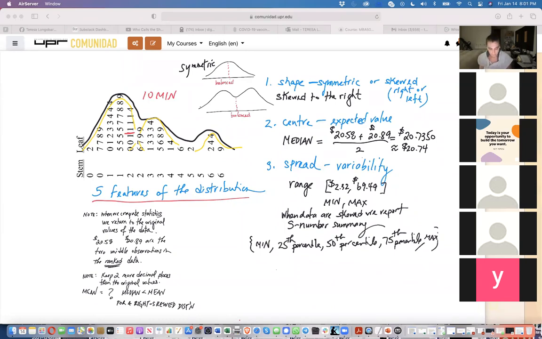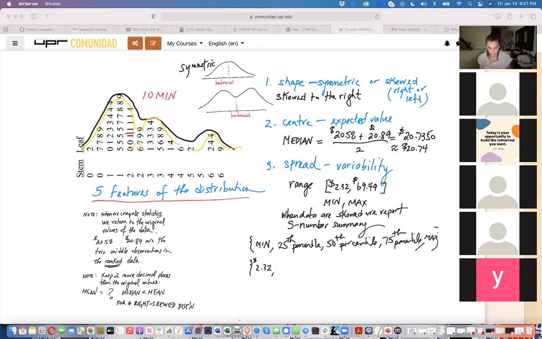Do we have most of these values? We have the minimum already. The minimum was $2.32. The 25th percentile, we don't know. Maybe I can move this over. So this is $2.32.